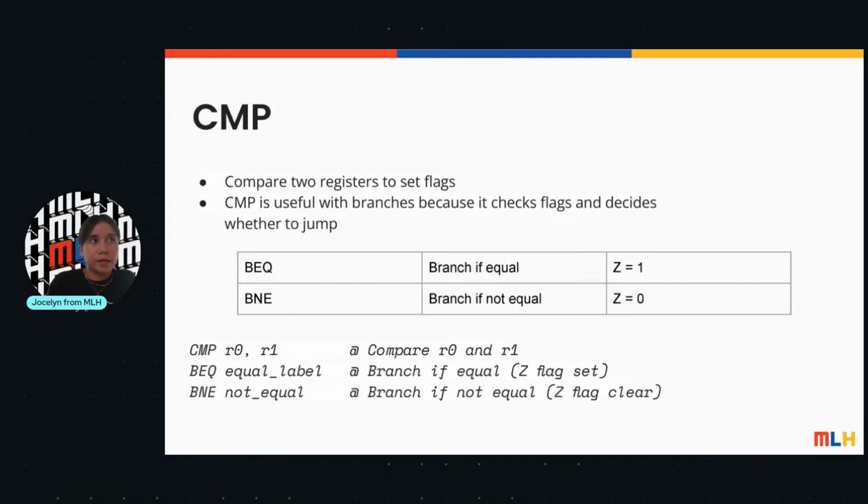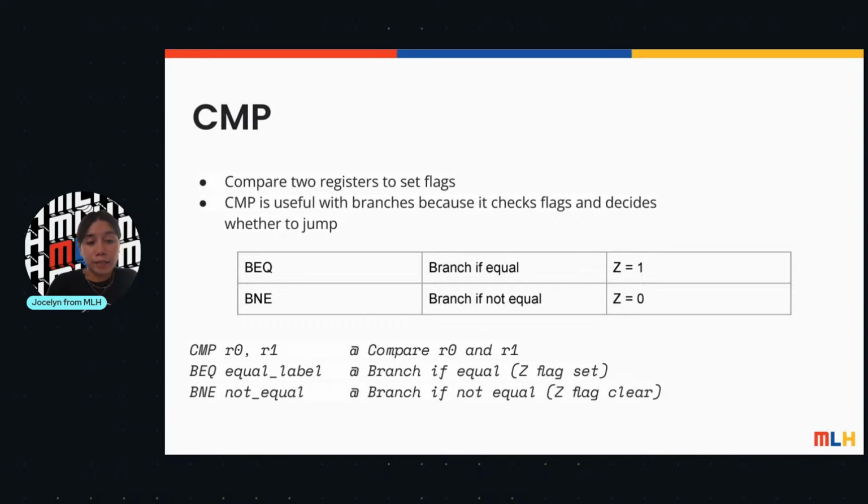So in here, I have a specific assembly code. I'm comparing R2 and R1, and then I'm doing BEQ equal label. So I'm going to branch if it is equal, and I'm going to move to this label called equal label, which is just a section of my code.